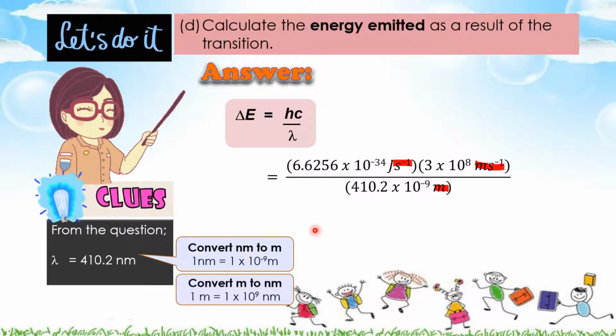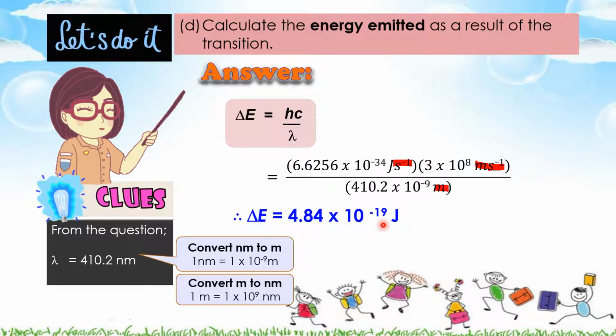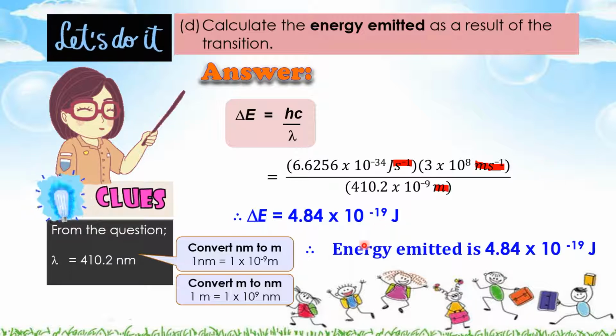Finally, delta E is 4.84 times 10 power of negative 19 joule. And remember one more thing, rewrite it again in the form of a sentence. Energy emitted is 4.84 times 10 power of negative 19 joule, for the conclusion.